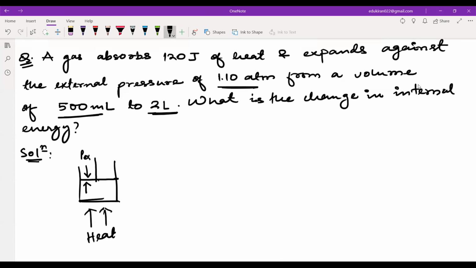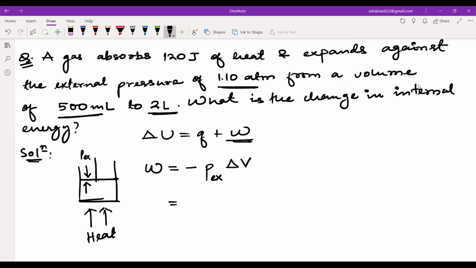So first thing is that delta U is equal to Q plus W. We know the value of Q. It is given in the question. W we don't know, but for W we have the formula that is equal to minus of P external times delta V. And we know what is delta V. Yes or no?